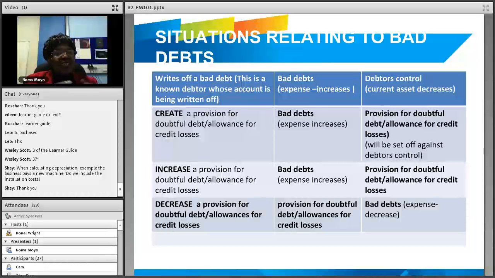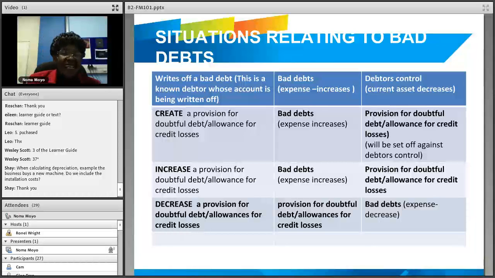Debtors control is a total of all your debtors. So bad debts is an expense. If you are writing off a bad debt, the expenses go up and you cancel off the person that was there by crediting them. You debit your bad debts, credit that person.